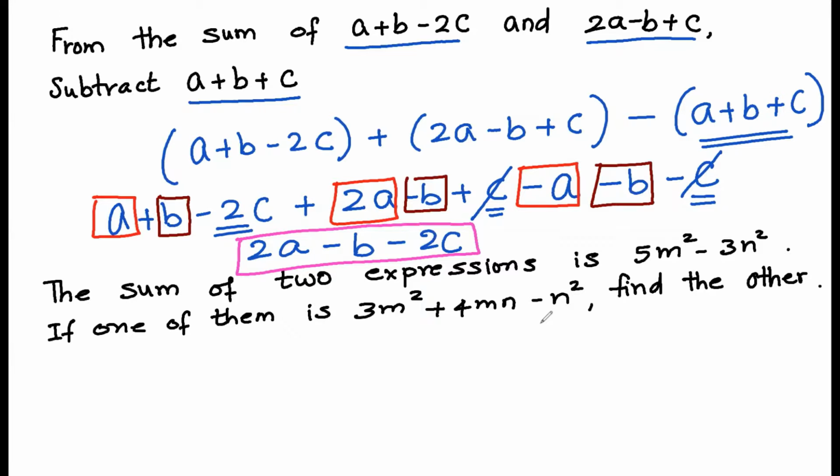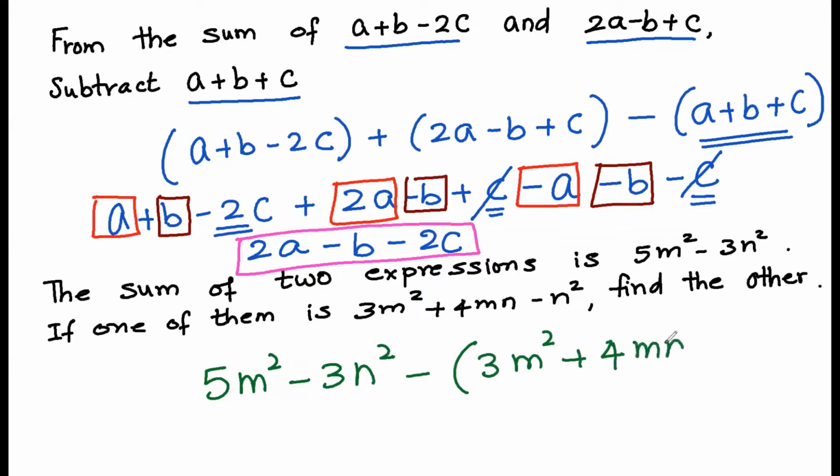So if you read this problem carefully, it's very obvious that in order to find that second polynomial, I'm simply going to subtract these two polynomials. So from the sum, which is 5m squared minus 3n squared, I'm going to subtract 3m squared plus 4mn minus n squared.